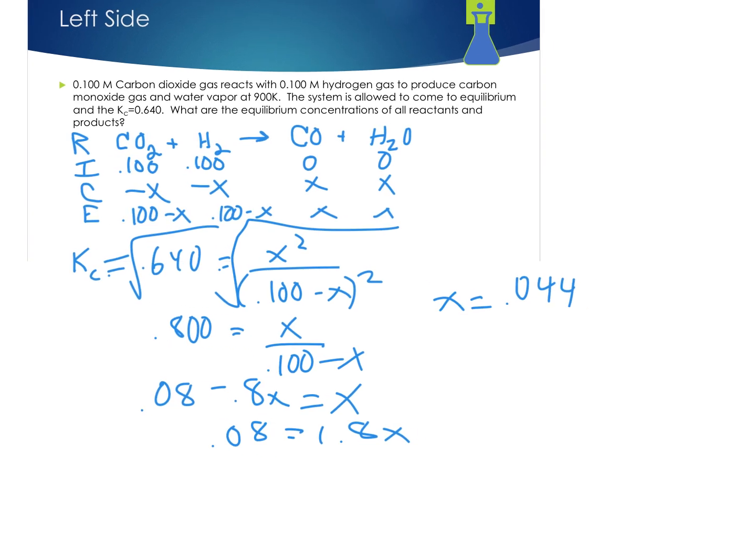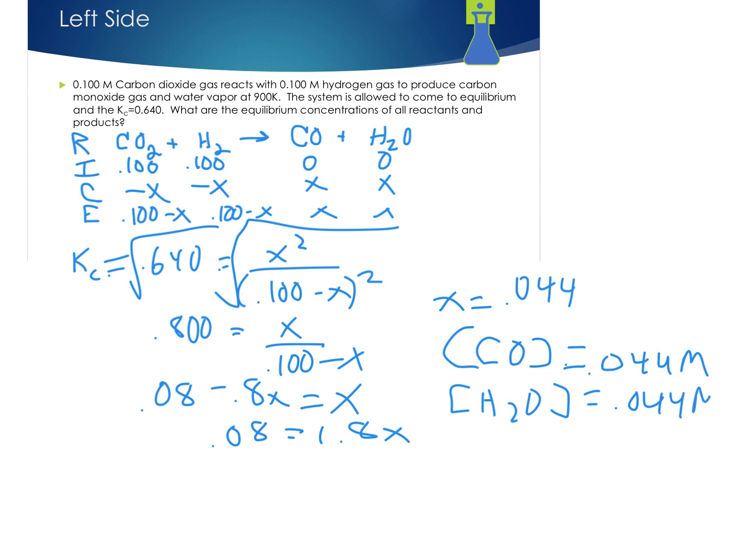So now I can see that my concentration of CO is going to be 0.044 molar, and my concentration of H2O is going to be 0.044 molar. For the other side, I take 0.1 minus 0.044, which gives me 0.056.